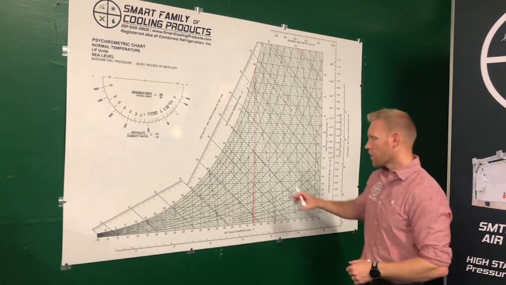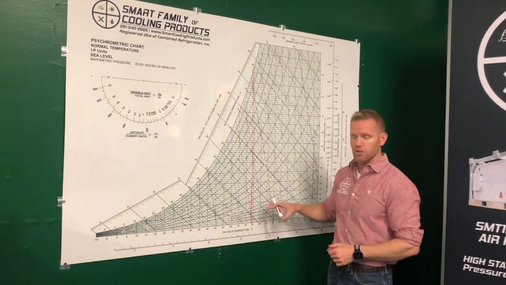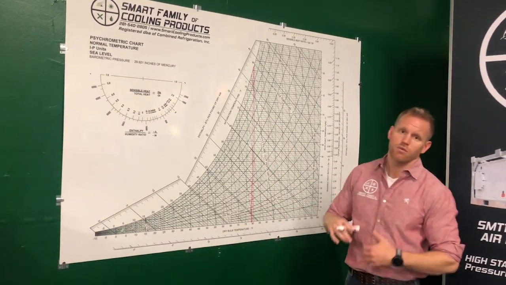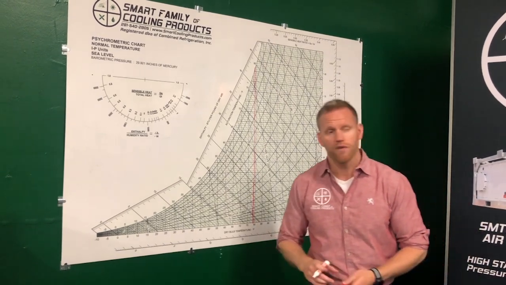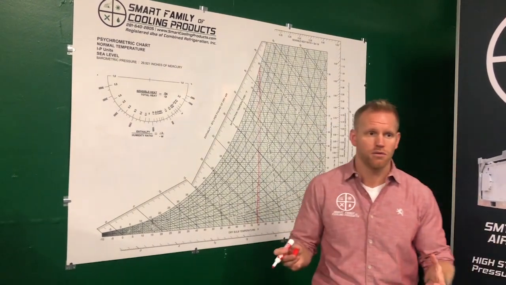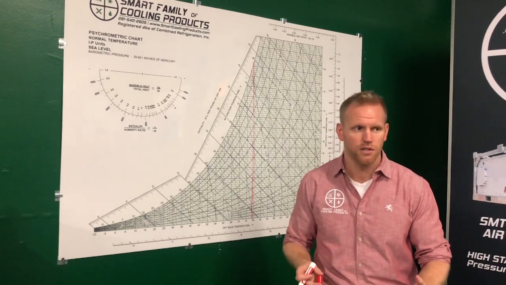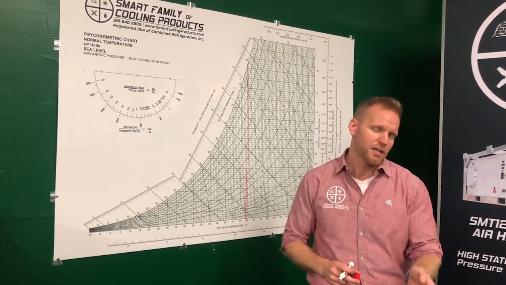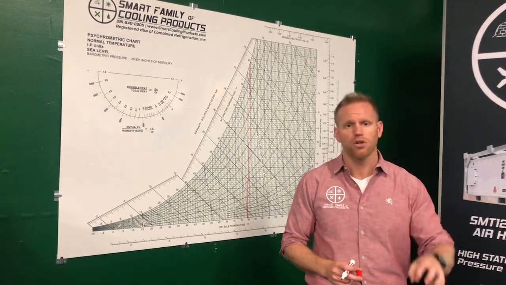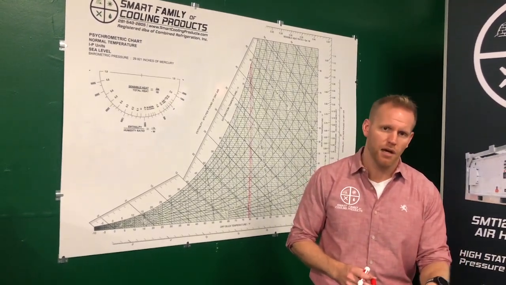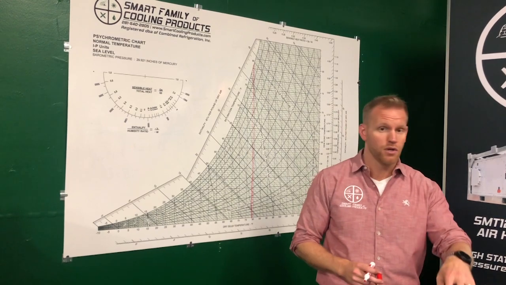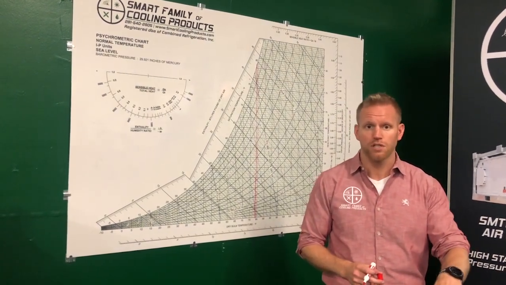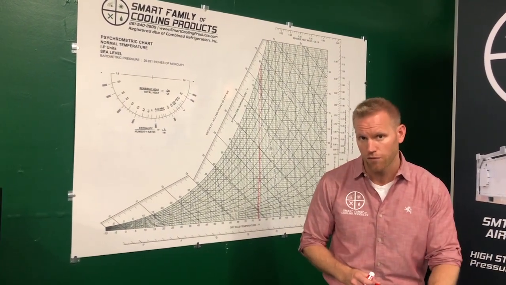The most common way that we represent the moisture content of the air is in percent relative humidity. So if I said this space is 79 degrees and we're in Houston, so it's relatively humid, so 60 to 70% relative humidity. If I gave you that as a starting point, you would know the good characteristics of the air, and from there we could do a lot of cooling, heating, dehumidification calculations with that information.